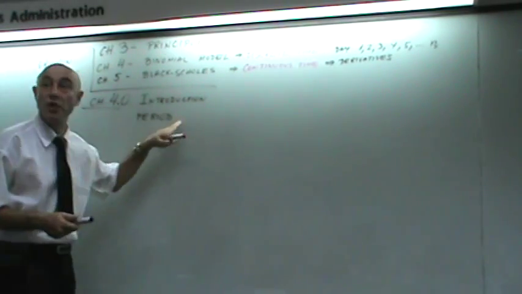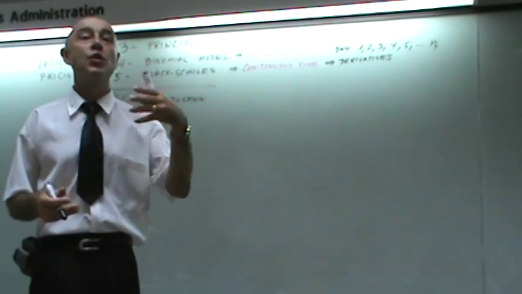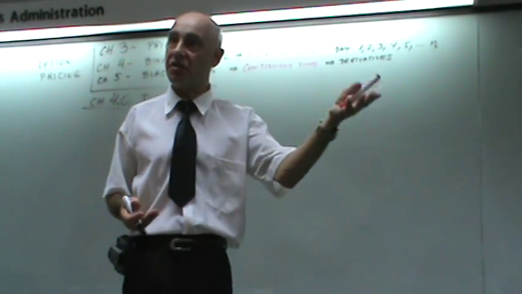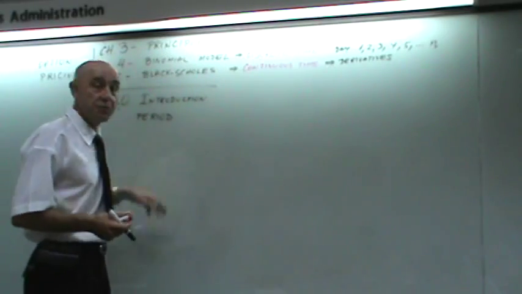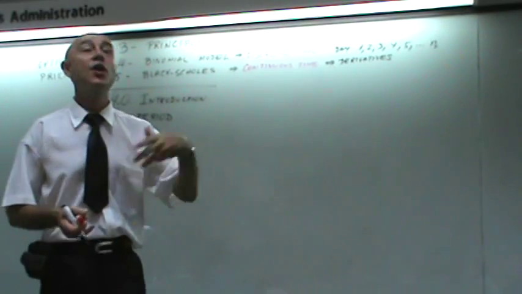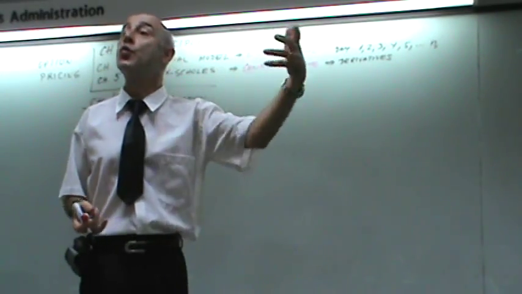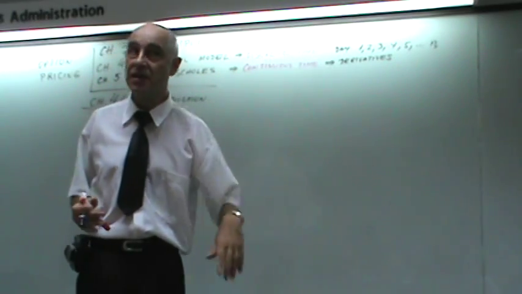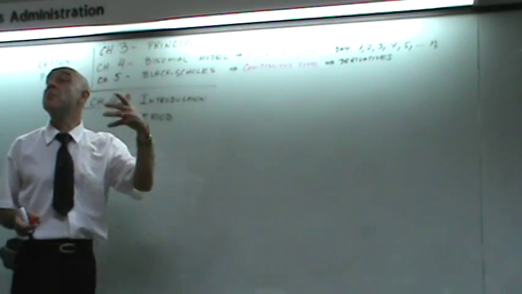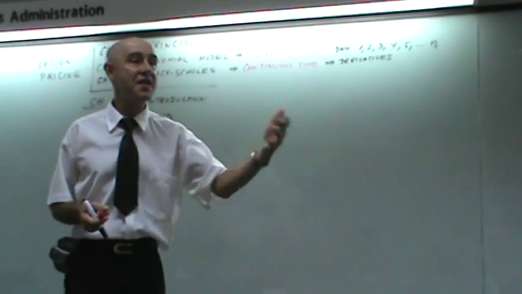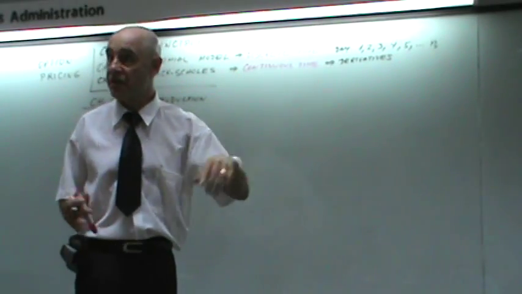So period will be day 1 or day 2 or day 3, or the period will be week 1 or week 2 or week 3, or it's going to be month 1, month 2, month 3.